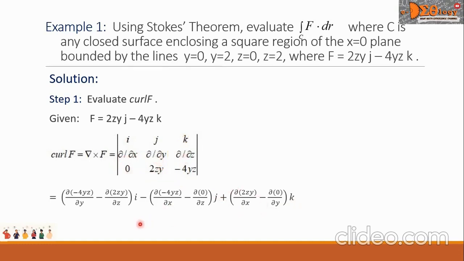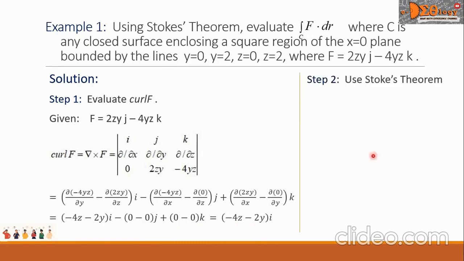Simplifying this now, we have the quantity negative 4z minus 2y multiplied by i minus quantity 0 minus 0 multiplied by j plus the quantity 0 minus 0 multiplied by k. So we can simplify this further into the quantity negative 4z minus 2y multiplied by i.